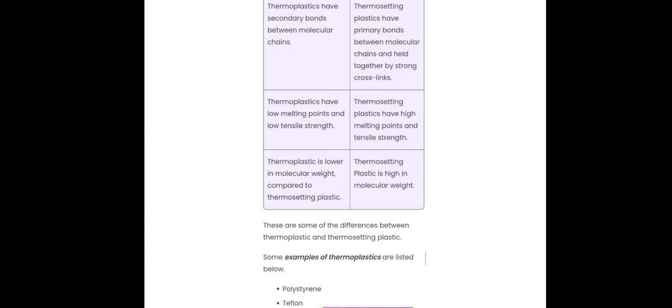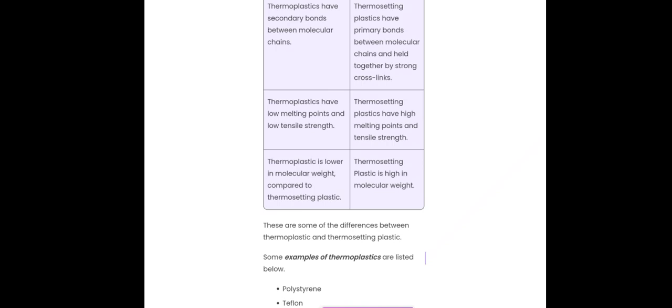Next point, thermoplastics are lower in molecular weight, whereas thermosetting plastics have high molecular weight. And the next point, thermoplastics can be reclaimed from the wastes, whereas thermosetting plastics cannot be reclaimed from the wastes.